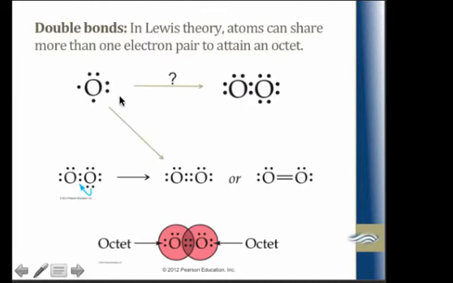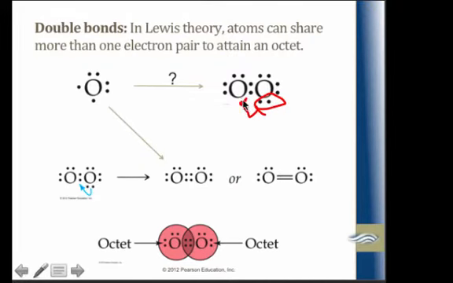What do we do with something like oxygen? We memorize that oxygen is also a diatomic molecule. But if I only have 6 electrons, if I put 2 oxygens together, I am not able to get an octet around this oxygen. Well, now we see the appearance of double bonds. In the Lewis method, once you run into this situation of being short on one of them, we can move this electron pair right here.